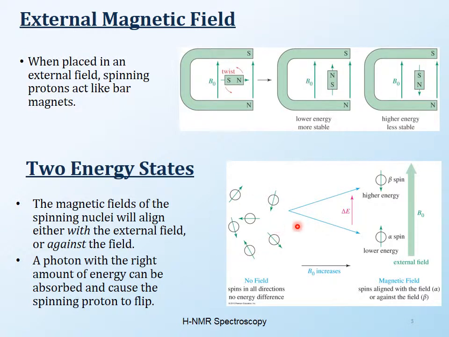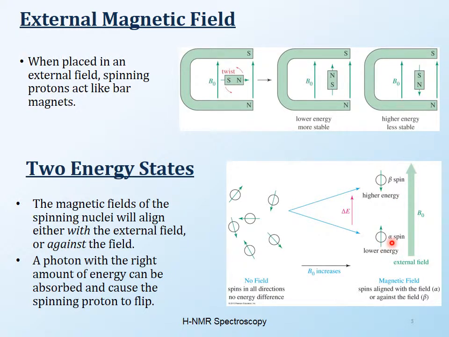But as soon as you provide a magnetic field to that compound, you suddenly have two different kinds of spins. One is the alpha spin, in which case the nuclei is aligned with the magnetic field, and the beta spin, in which case the nuclei is opposite the magnetic field. Opposite the magnetic field is of course the higher energy. The one with the magnetic field is the lower one in energy.